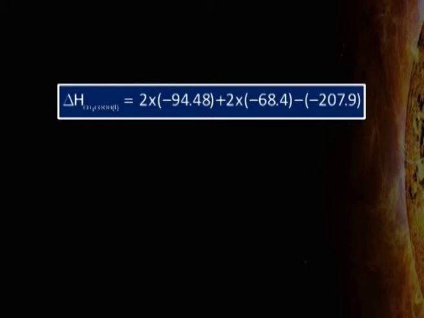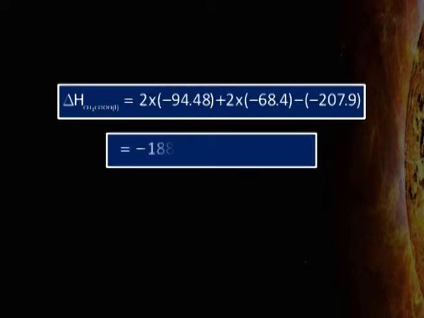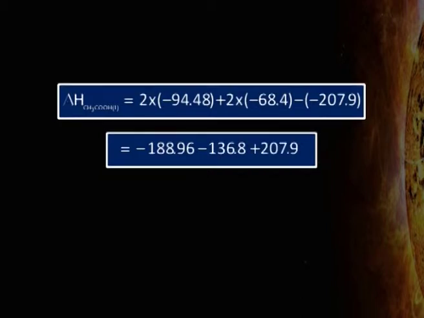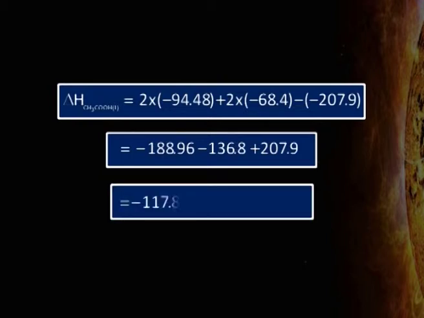Hence, delta H for CH3COOH formation will be equal to 2 into minus 94.48 plus 2 into minus 68.4 minus 207.9, which will be equal to minus 188.96 minus 136.8 plus 207.9, which is equal to minus 117.86 kilocalories.